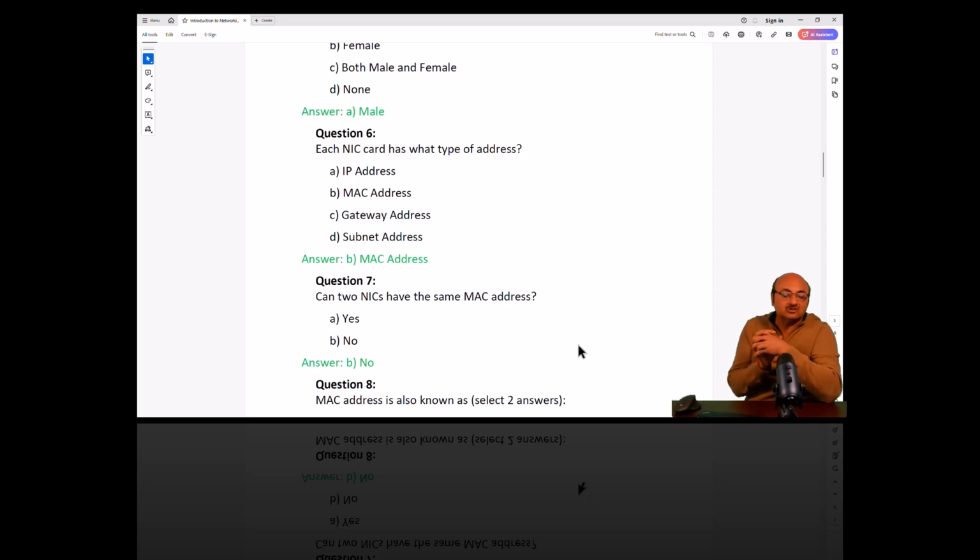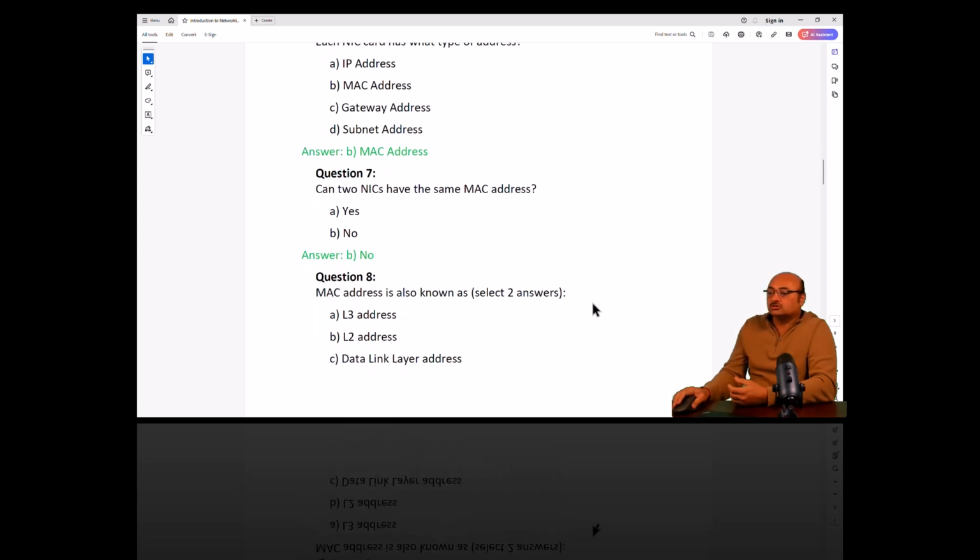Now if somebody asks you, is there a possibility of changing the MAC address for a physical machine like a desktop? Yes, you can, and the way you can change it is to replace the NIC card with another NIC card. So that is one of the options. Okay.